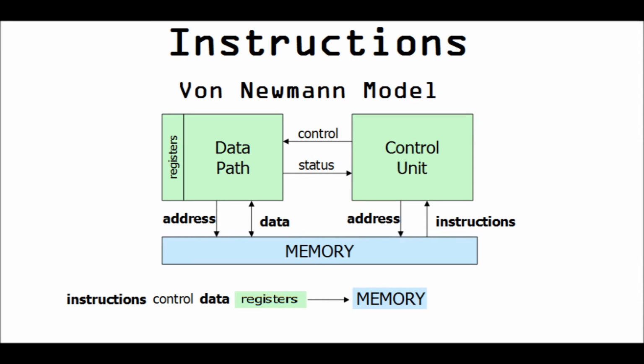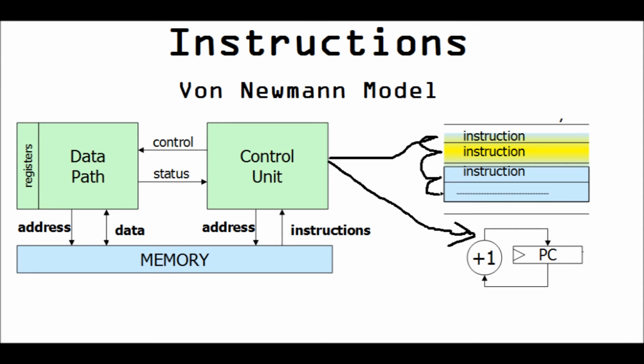The control unit goes through instruction by instruction, executing those instructions, and for each execution of each instruction, it also increments the program counter by 1, and by incrementing the program counter by 1, it can keep track of where it is in the list of instructions.